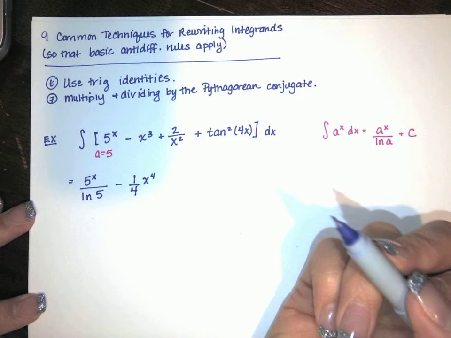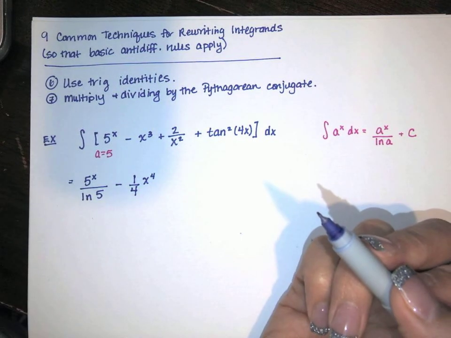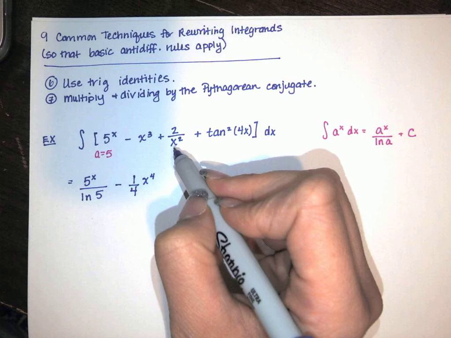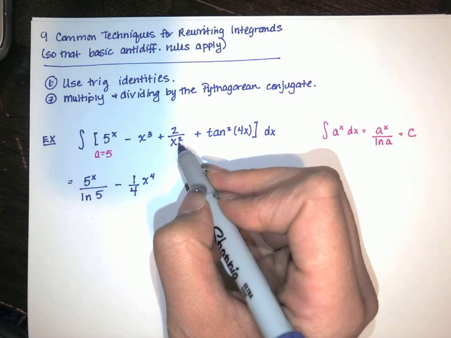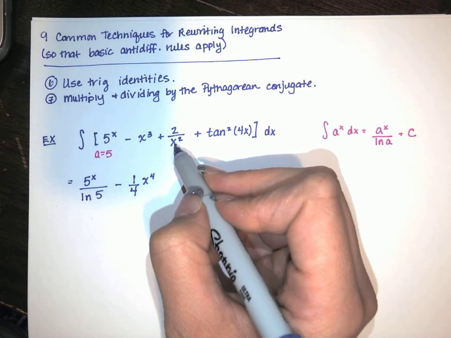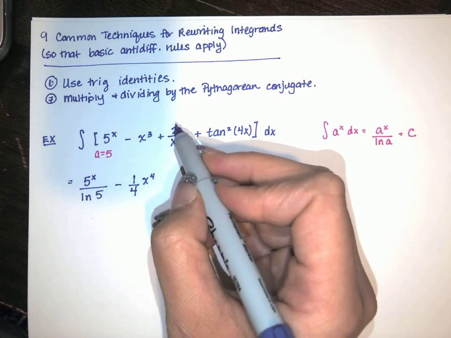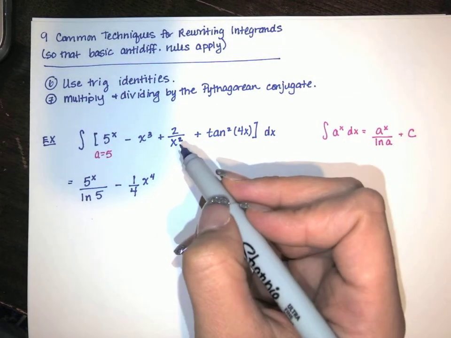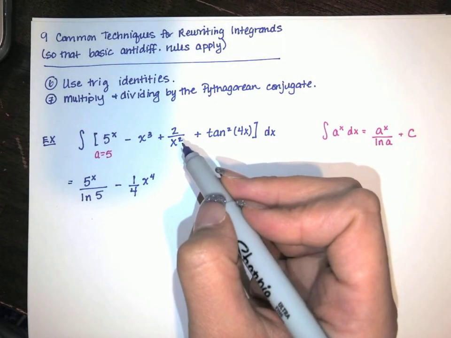Now this one requires a little bit of algebraic manipulation first. Notice that I've got an x squared in the denominator. If that was just an x, I would think of that as a 2 times a 1 over x, so that I'd get a natural log out of it. But that exponent's not a 1, it's a 2.